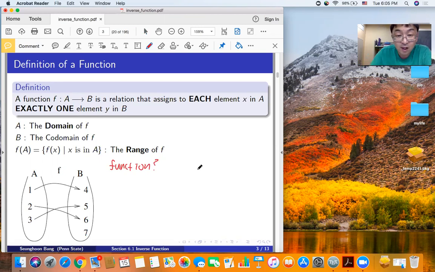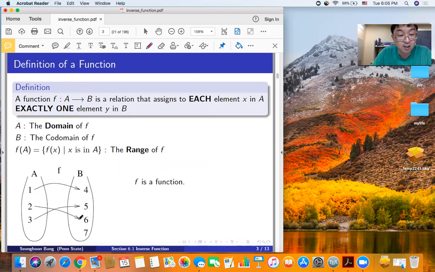The one important thing is two keywords: each element x in A is going to exactly one element y in B. This is the definition. You choose 1, which is going to exactly one number, 4. The 2 is going to exactly one number, 6. The 3 is going to exactly one number, 5. Yes, this is the definition of a function.